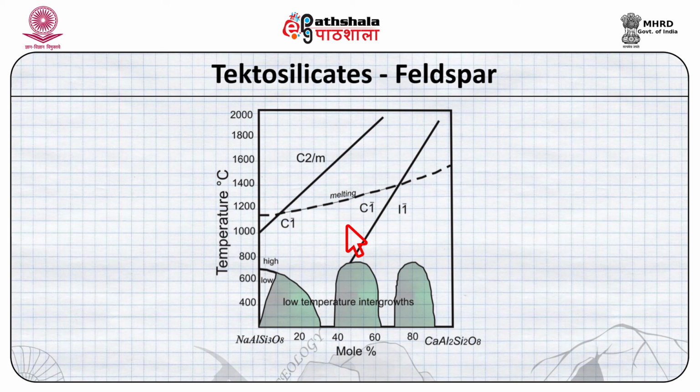Now, in this diagram of the plagioclase feldspar, if you see in the lower part, there are certain areas which are indicated by irregular lines.